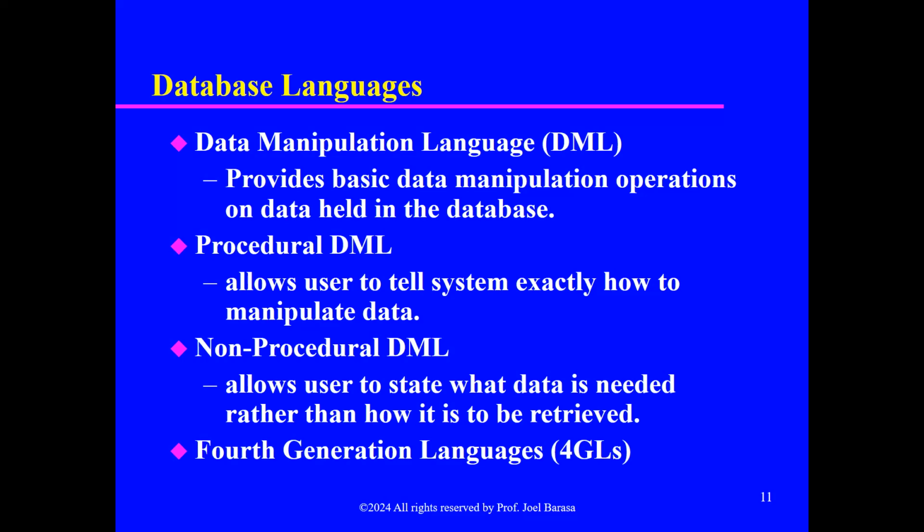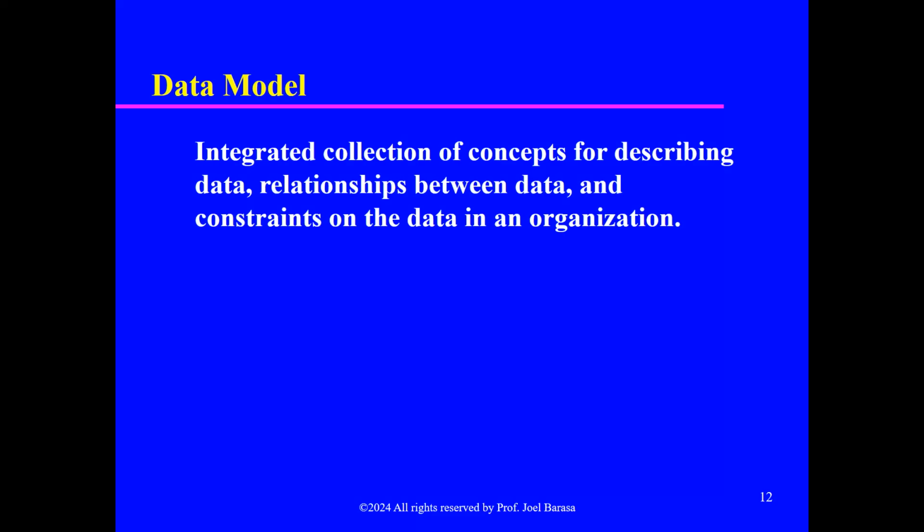Then we have the fourth generation language, which is also used in these database languages. At the fourth generation language level, we talk about integrated collections of concepts for describing data, relationships between data, and the constraints of the data in an organization.